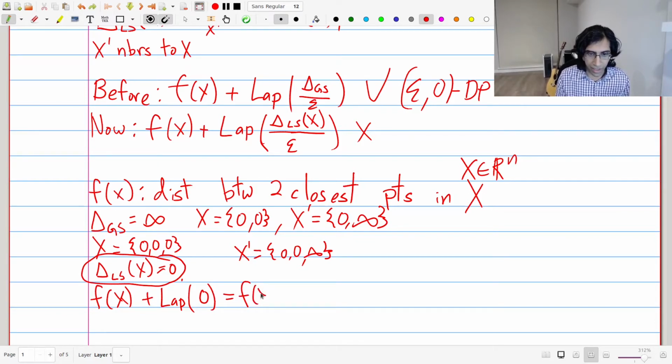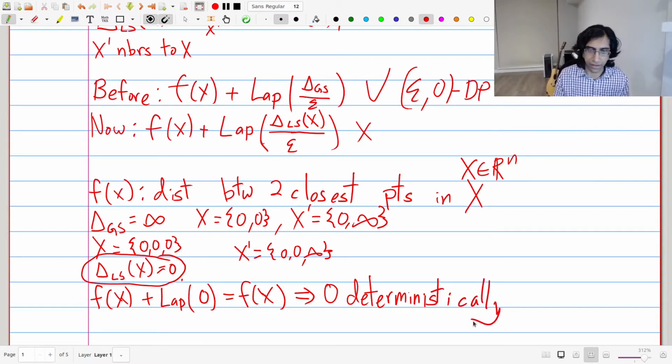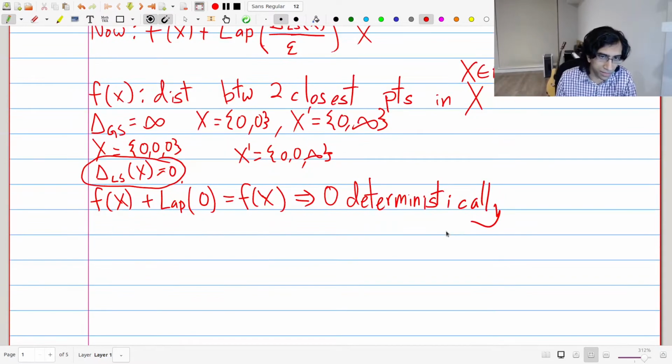What I'm trying to say is, if we use this algorithm to privatize this function on this data set, where we just add noise proportional to the local sensitivity, it would just output 0 deterministically. There's no noise being added. So that's a constant. That's quite convenient in terms of accuracy. It's very accurate. It's just going to tell you exactly what the value of the function is.